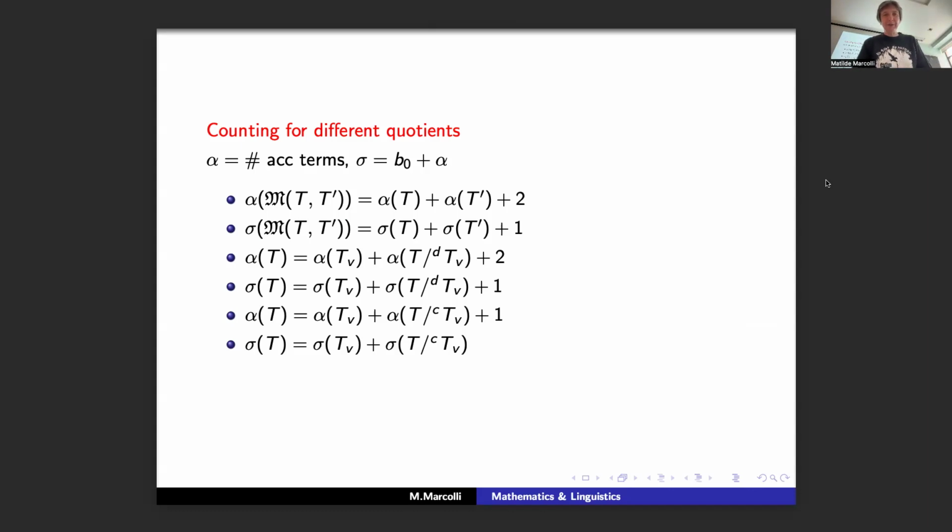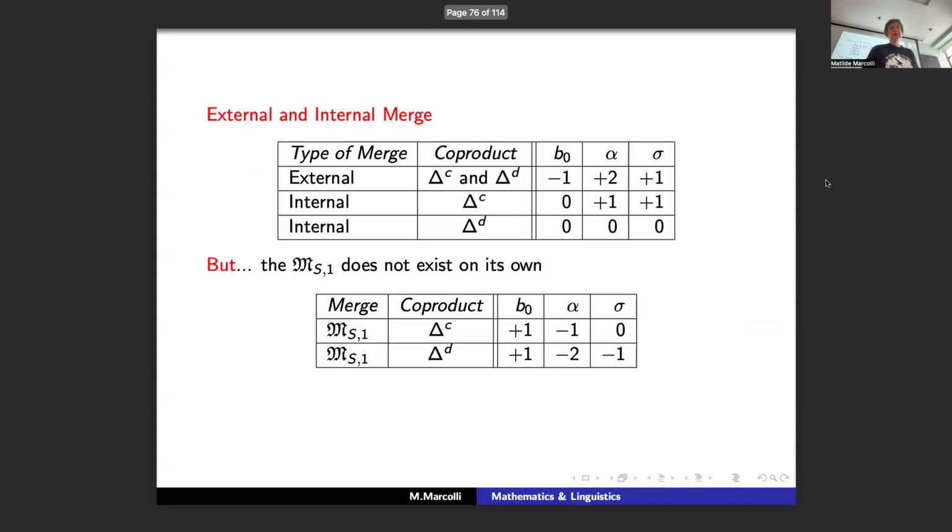They are the various countings for how the accessible terms and the number of components behave. If you do this, then you see that external and internal merge, depending on which quotient you take, have certain behavior with respect to this counting.